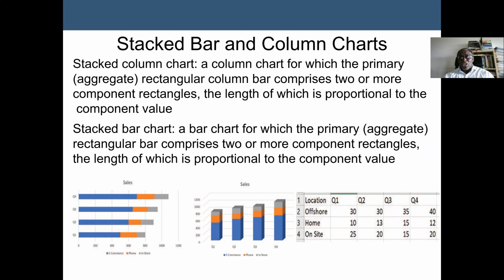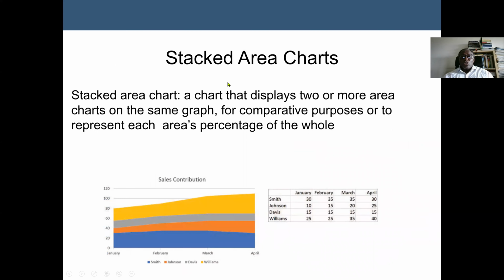A stack bar chart, again, is a bar chart for which the primary or aggregate rectangular bar comprises two or more component rectangles, the length of which is proportional to the component value also. We also have the stack area chart. A stack area chart normally is a chart that displays two or more area charts on the same graph for comparative purposes, or to represent each area's percentage of the whole.